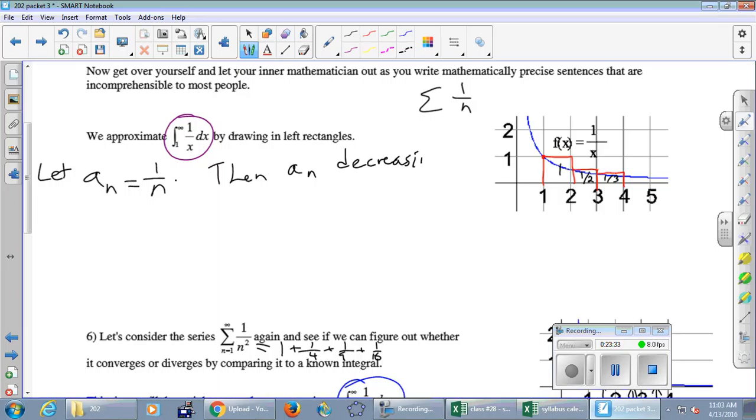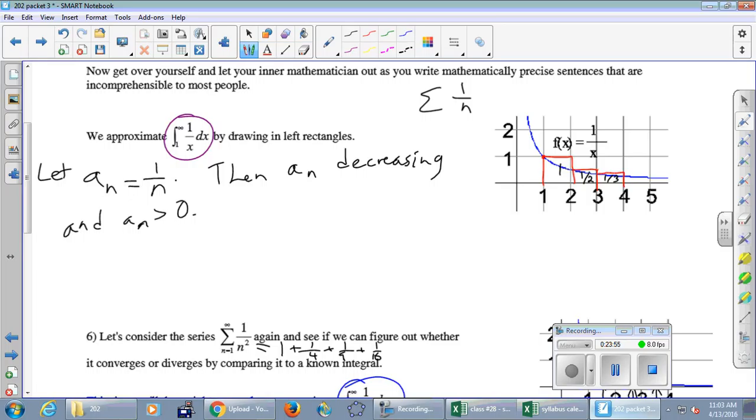The 1 over n's are getting smaller and smaller: a half, a third, a quarter. And they are all positive. We're never going to get down to some negative number with this 1 over n.